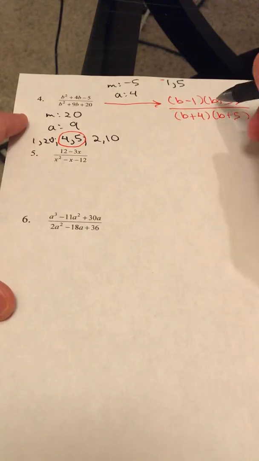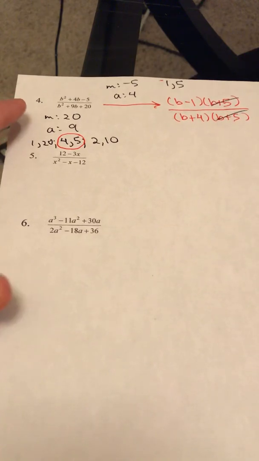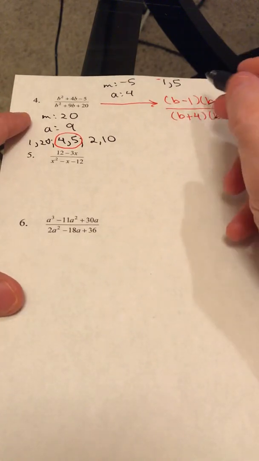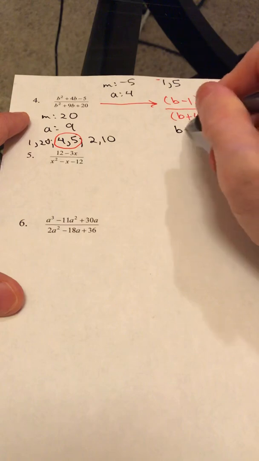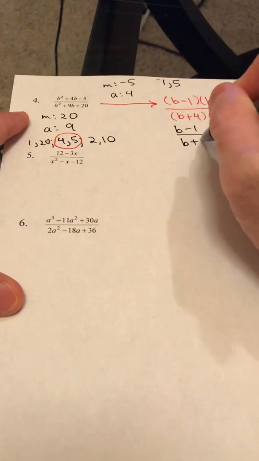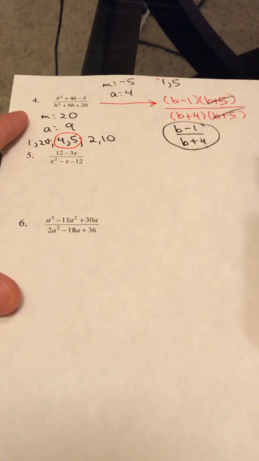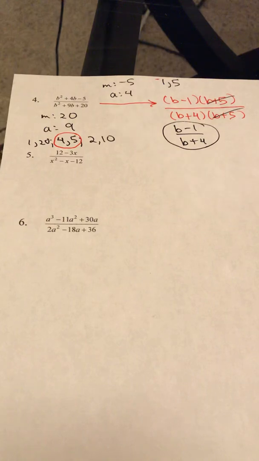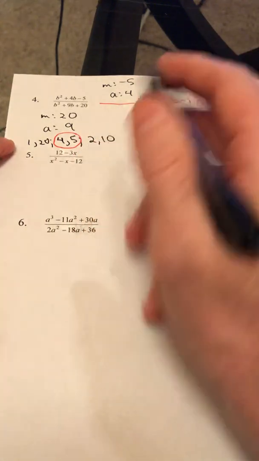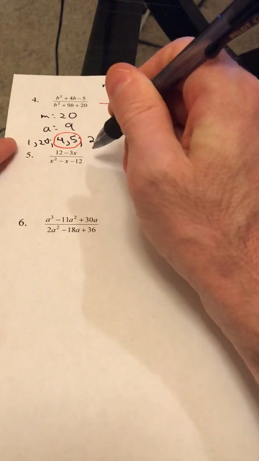So the b plus 5s are what cancel, leaving us with b minus 1 over b plus 4.